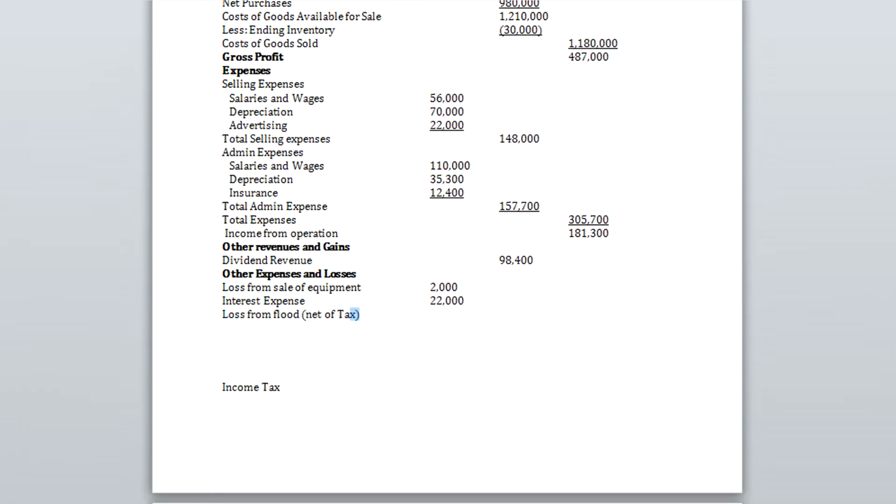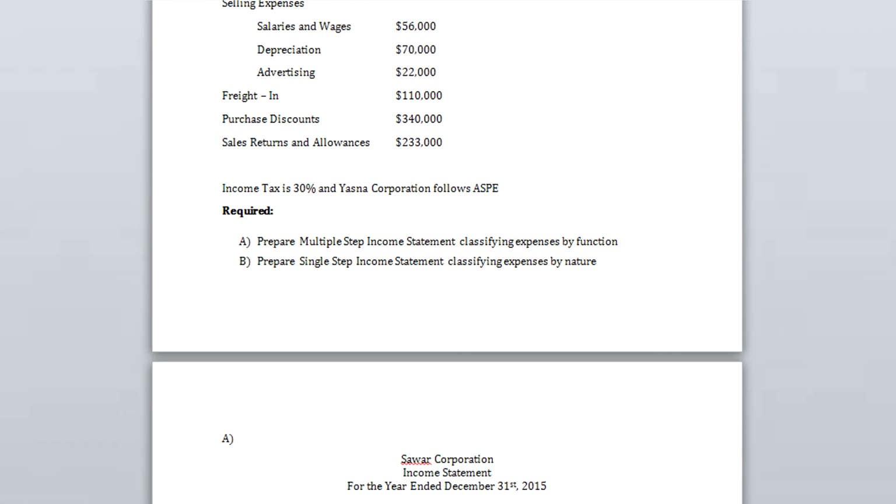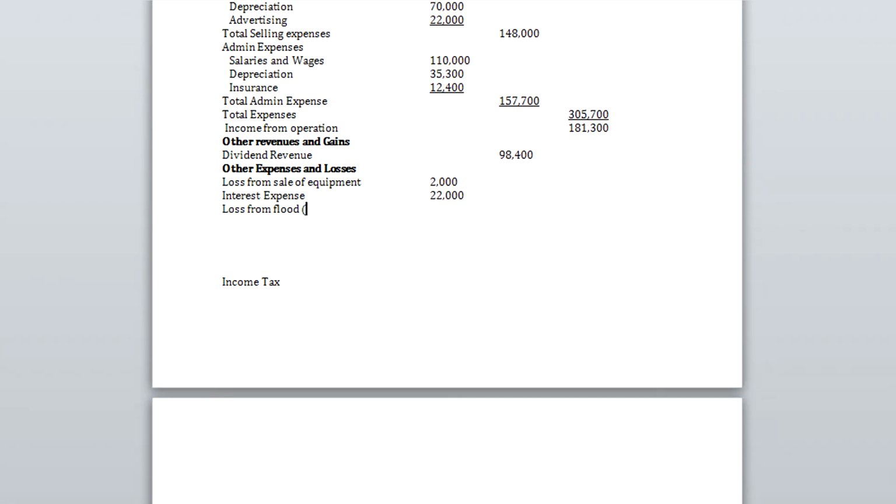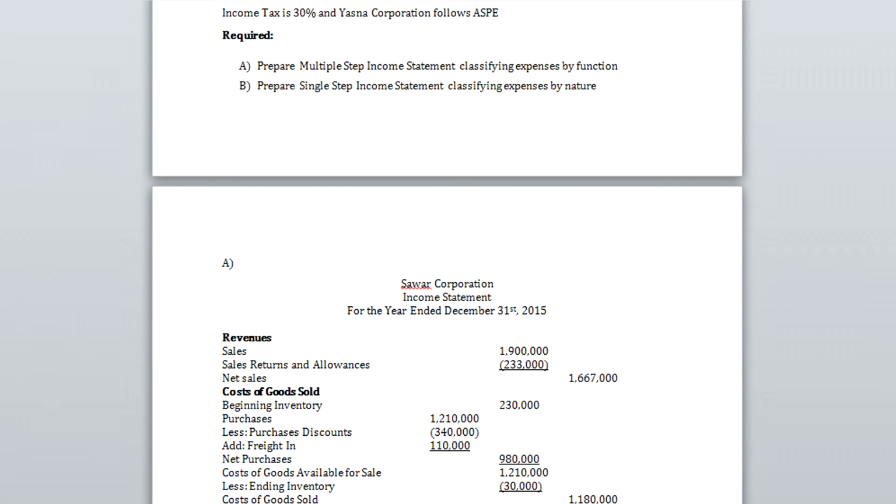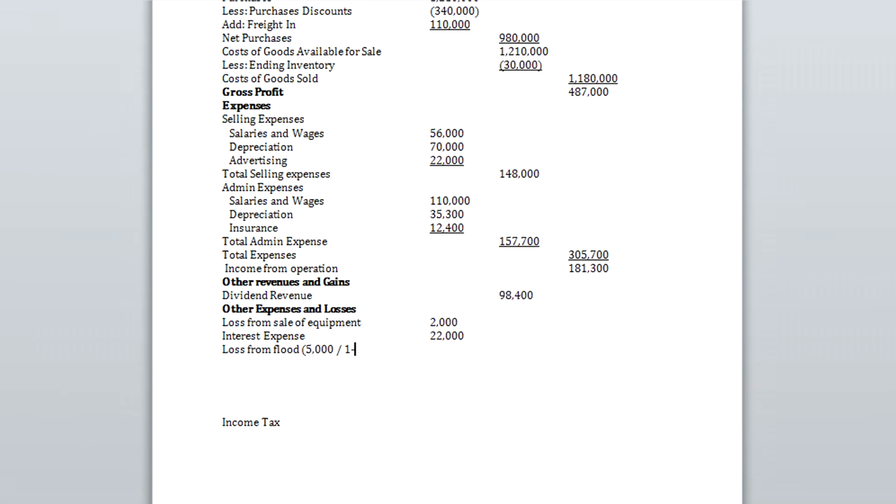And how do we do that? Well, our tax rate was 30%. So in order to figure out what the pre-tax figure was, we're going to have to take the $5,000 and divide it by 1 minus the tax rate, which again is 30%. So it's $5,000 divided by 1 minus 0.3, AKA 0.7.